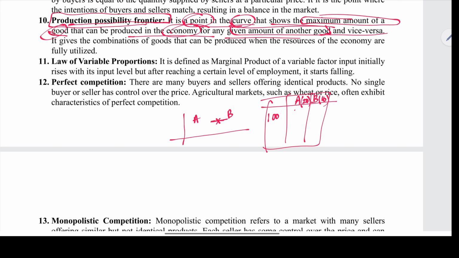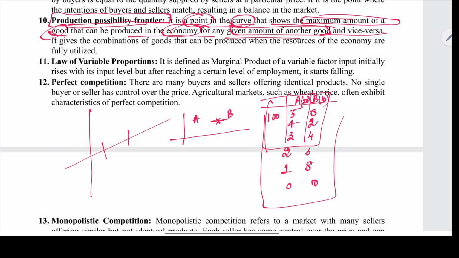First we buy 5 A and 0 B. When we buy 4 A we can buy 2 B. 3, 4. And we have 2, 6. 1, 8. 0, 10. So here we will be having a curve, taking A and then B, from 5, 4, 3, 2, 1. This is the production possibility frontier.